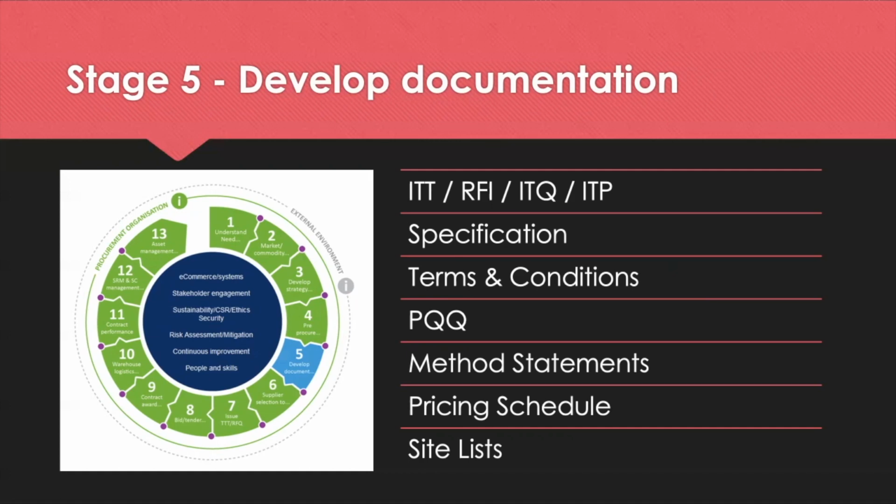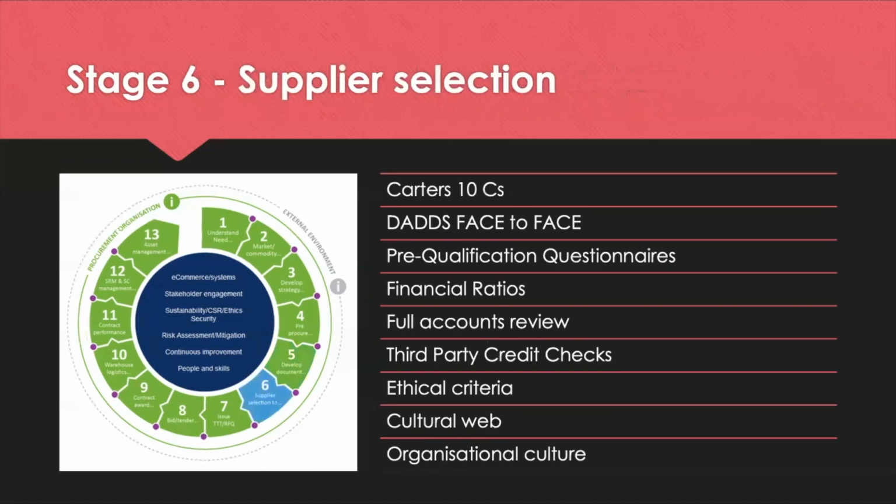Method statements, in service-based contracts, you might ask the supplier to detail the method of how they're going to work for you. And lastly, things like the pricing schedule that you want them to complete, and the site lists of where the service or goods need to be delivered.